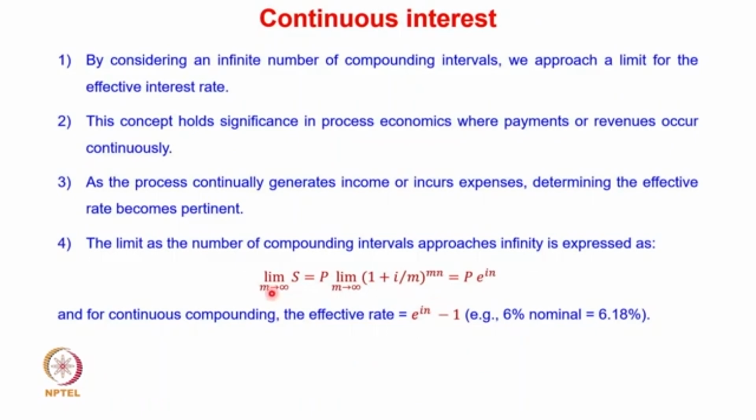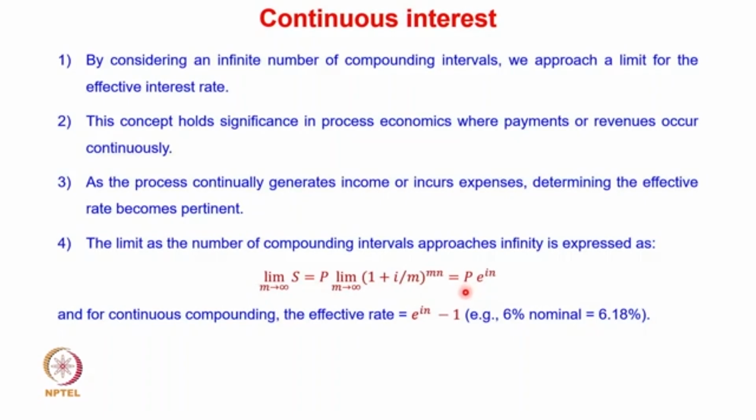In this case, m will be infinite, because you are performing compounding an infinite number of times. So S is given as the limit m tends to infinity of the same equation, 1 plus I divided by m raised to the power mn. Here m tends to infinity. If we solve this limit, what we get is P into e raised to the power In. So we can calculate what will be the value of the money if there is continuous compounding taking place.